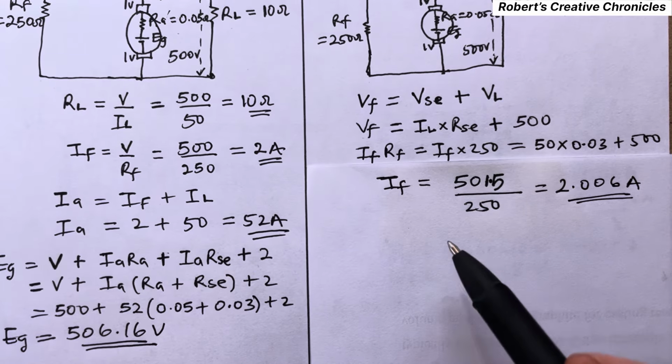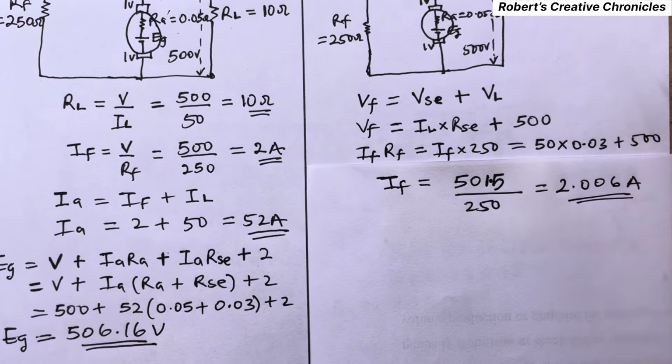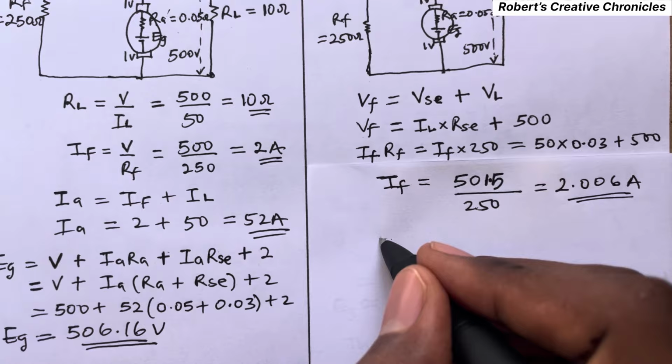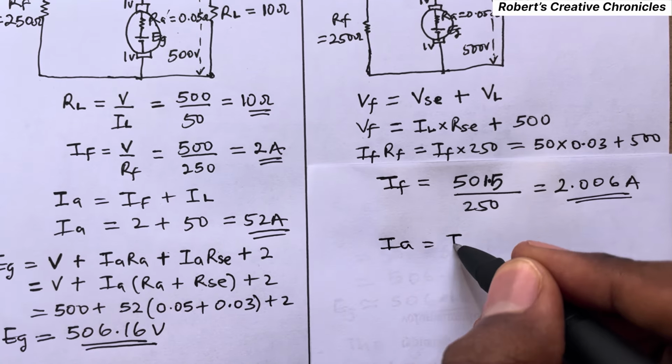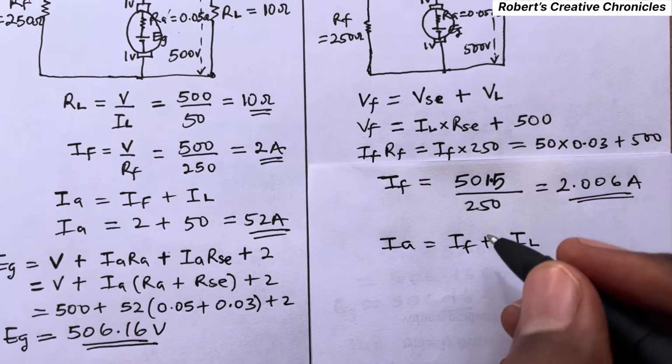Then we have found IF and we have IL. So now we can find IA. IA is IF plus IL.